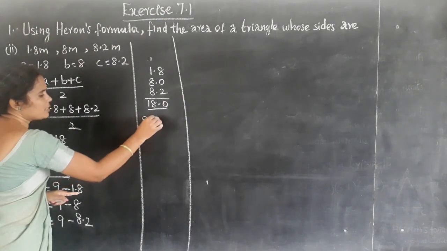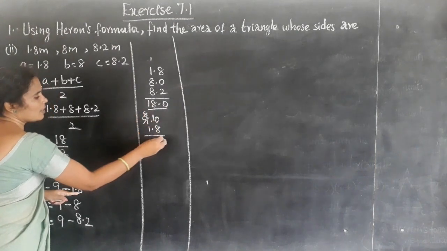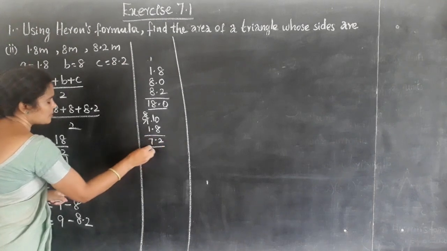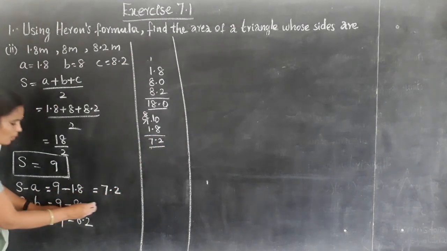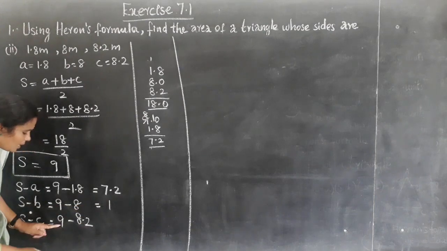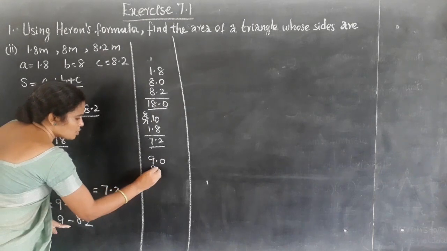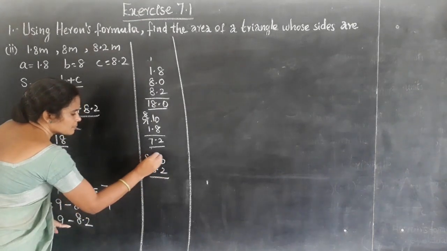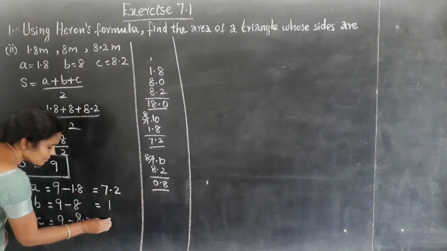So 9.0 minus 1.8, subtract, 7.2. And 9 minus 8 is 1. And 9 minus 8.2 is 0.8.